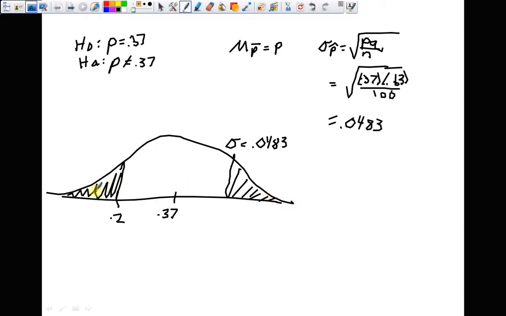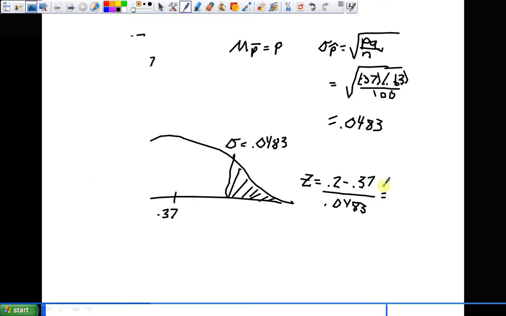So we're trying to find out how likely this is. So what we're going to do is get a z-score. How many standard deviations above the mean, or I guess below the mean this time, is 0.2? And then we're going to get an idea how likely that is by using a normal CDF or either using a table. I'll use normal CDF.